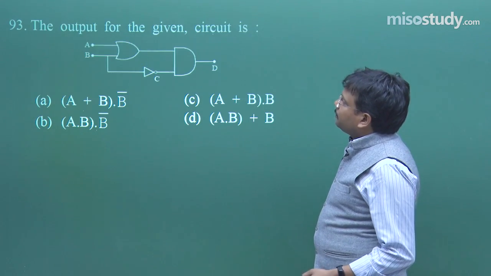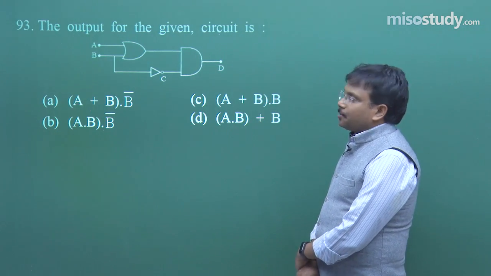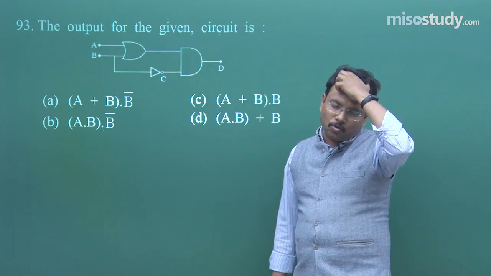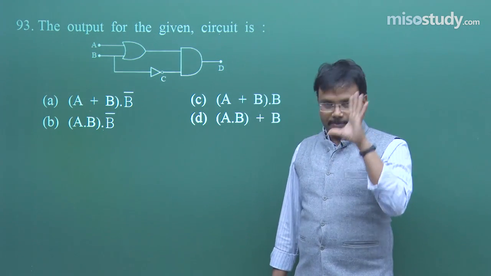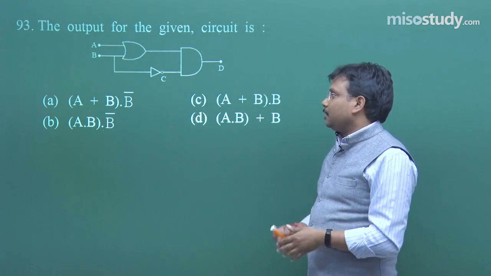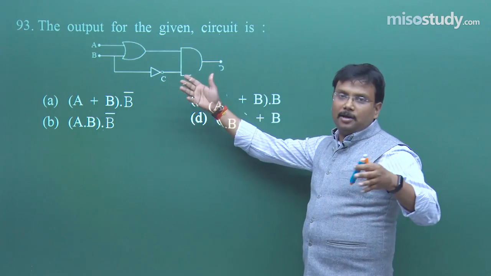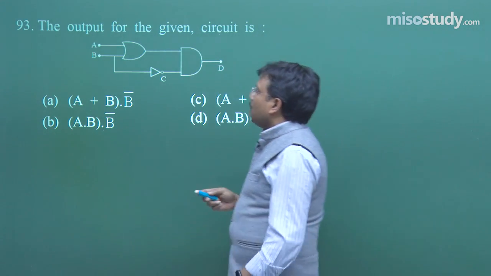Question number 93. The output for the given circuit is how? In your course there is a small topic mentioned, Boolean expressions, Boolean algebra, and this question is based on that. But say you are unable to understand this situation, you can at least recognize the gates.